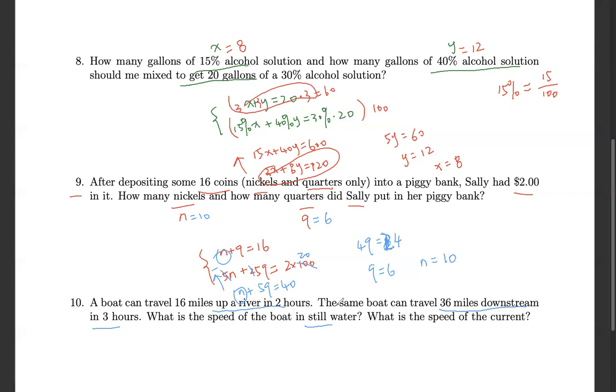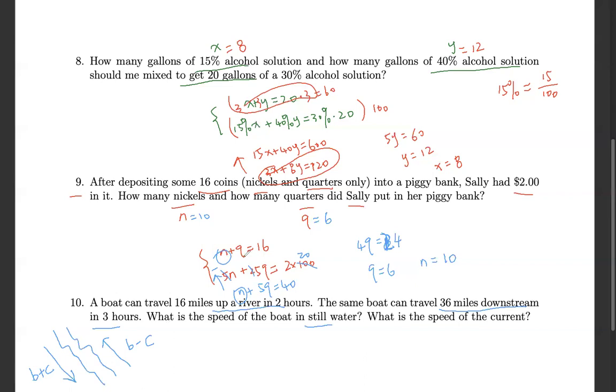All right. So let's consider this is a river. When the boat goes down, the speed is the boat speed plus the current speed, right? When the boat goes up, it is the boat speed minus the current speed, because it has to go against the current, right?